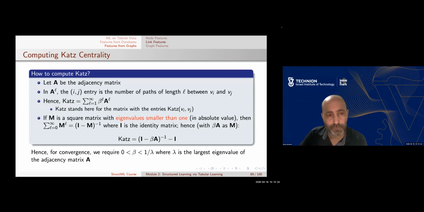So if you want to compute Katz, you basically need to take I minus M to the power of -1 and subtract what we get for 0, which is the identity. So basically what we require is that beta is smaller than 1 over lambda, lambda being the largest eigenvalue of the adjacency matrix A.